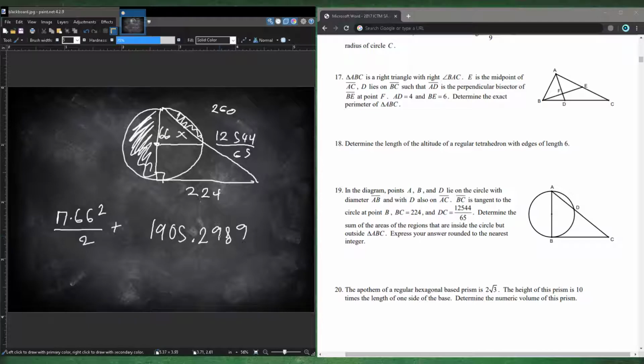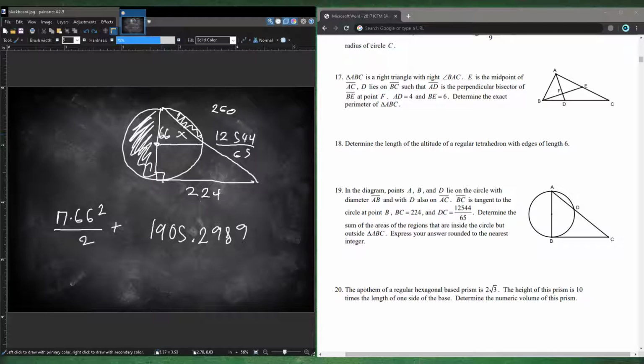And then the area of a section of that circle is pi radius squared. So pi times radius squared, which is 66 squared, and then multiply by this angle over 360, the proportion of the circle that's that sector.